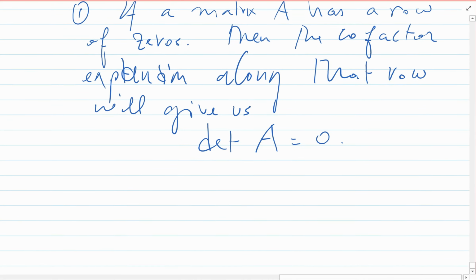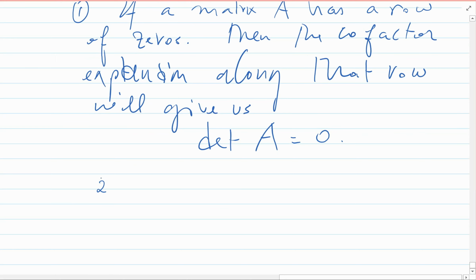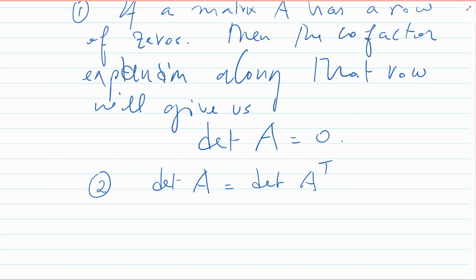Now, knowing that the determinant of A is the same as the determinant of A transpose, this tells us what? By the way, we can see this from the cofactor expansion. Because remember, if A is equal to Aij, then A transpose is Aji. We just interchange j and i. What we said in the cofactor expansion is that if you do it along the rows or along the columns, you get the same determinant.